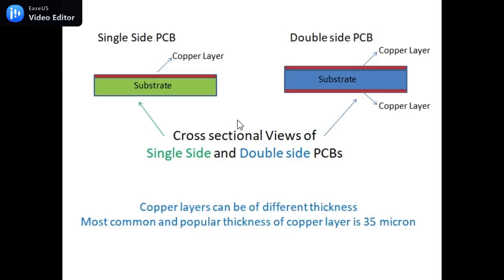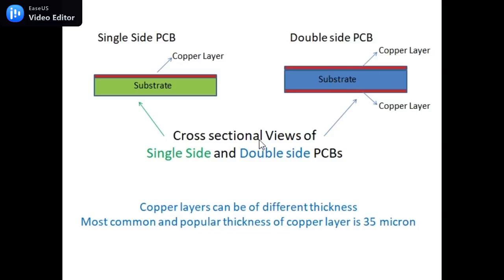As shown in this picture, we have single-sided and double-sided PCBs. A single-sided PCB consists of a copper layer on a single side of the PCB, whereas a double-sided PCB consists of copper layers on both sides of it, as shown in this picture.